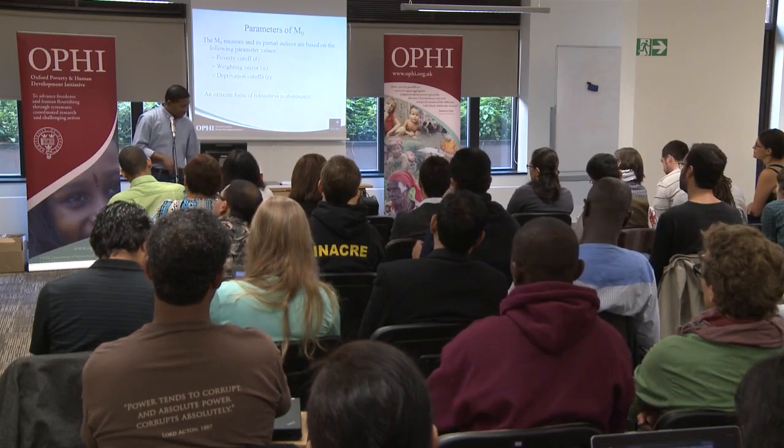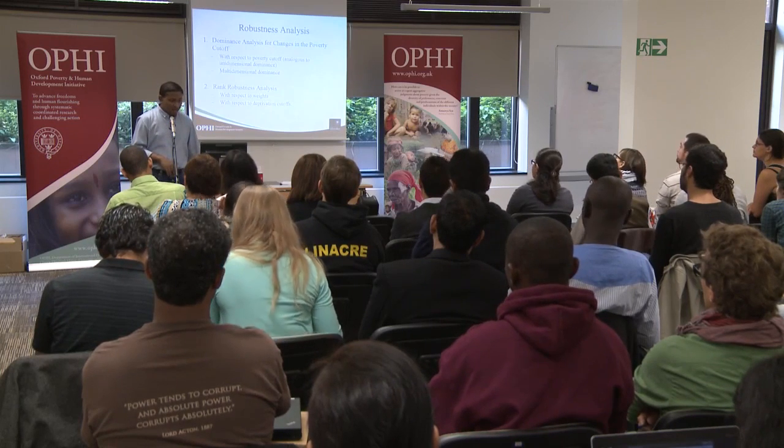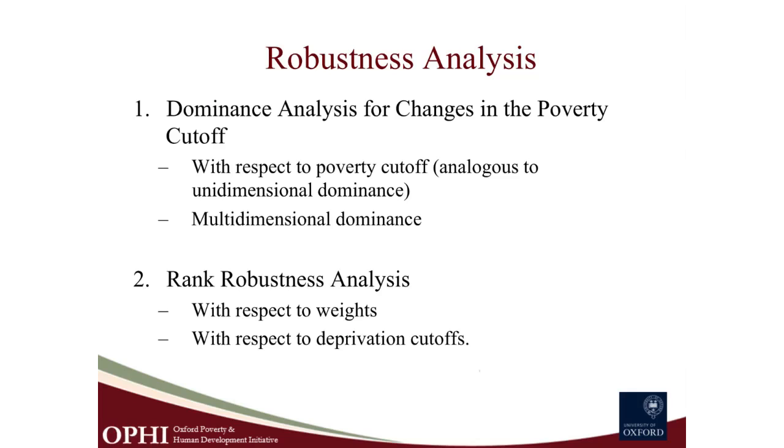Exactly. Okay, dimensions. So there are various choices. So in this lecture today, in the first half, I will present two types of robustness analysis. The first is dominance analysis for changes with respect to the poverty cutoff, and it will be very similar to what I presented on the first day on dominance analysis.